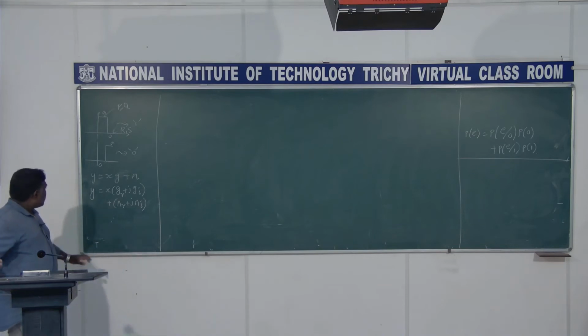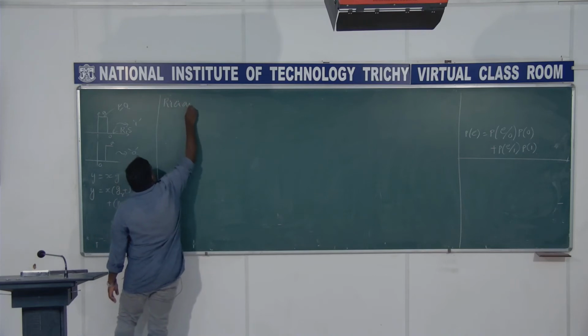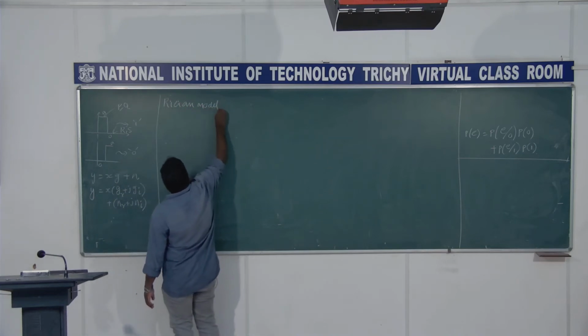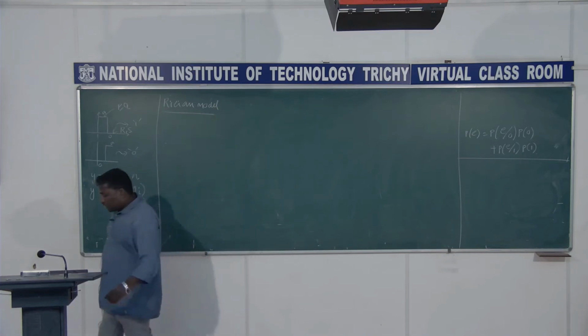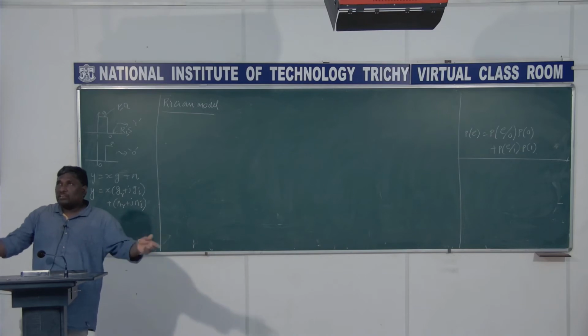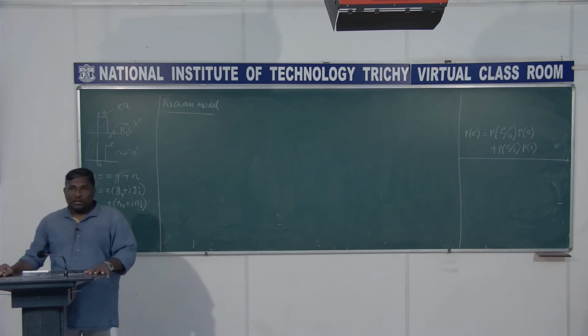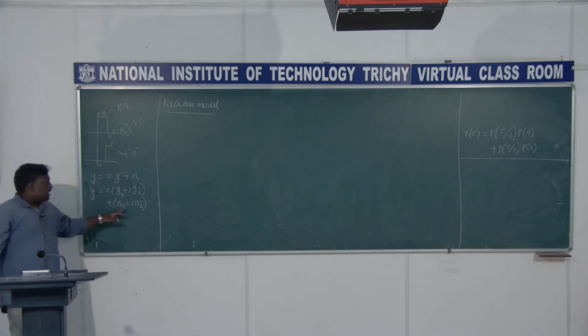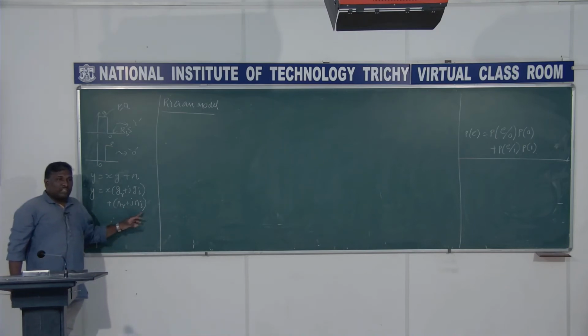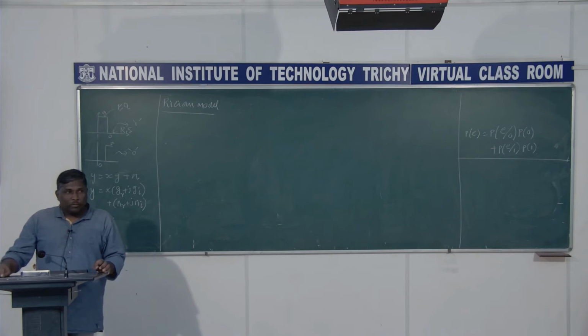So now, coming to this, today we are going to discuss this Richian model. The only difference between this Rayleigh and Richian is that in the case of Richian, we have multiple paths for the transmission model, and we model this n_r and n_i as Gaussian with mean 0 and variance N0 W by 2, it is there in your notebook.